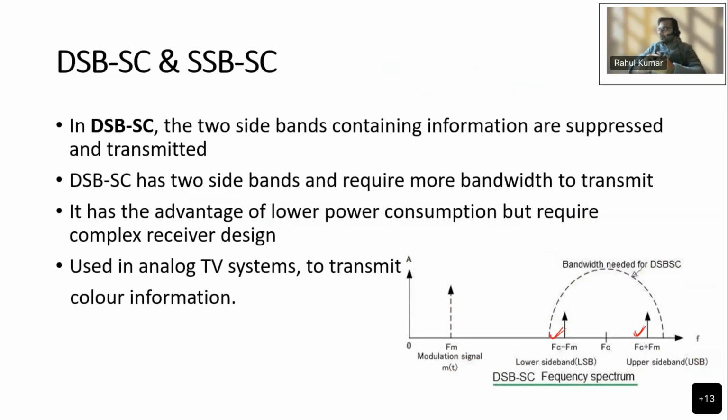So you compress the lower and the upper sideband and transmit both of them. Since we are transmitting two frequency bands or sidebands, we require more bandwidth to transmit this DSB-SC.